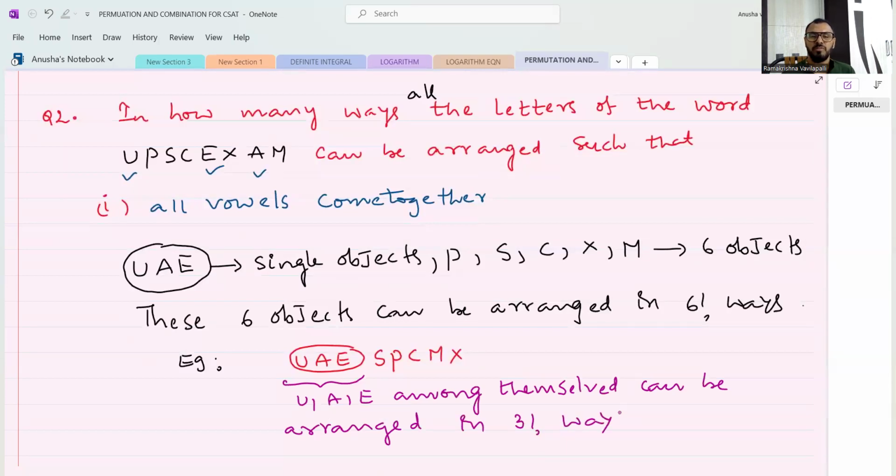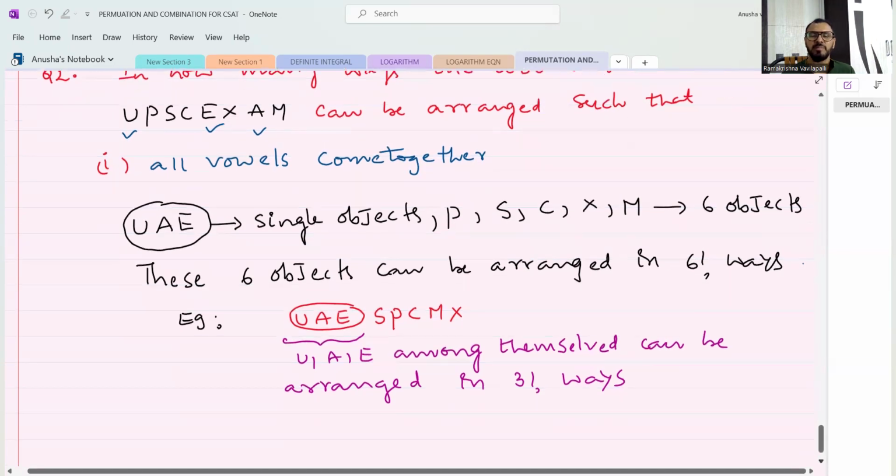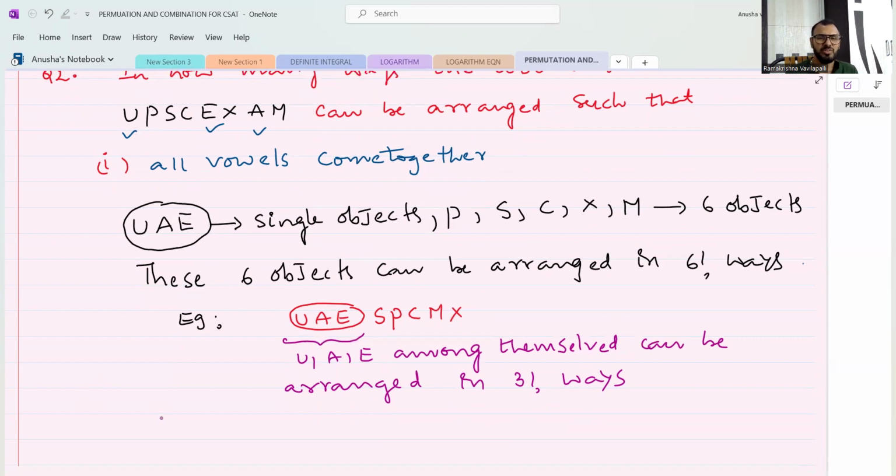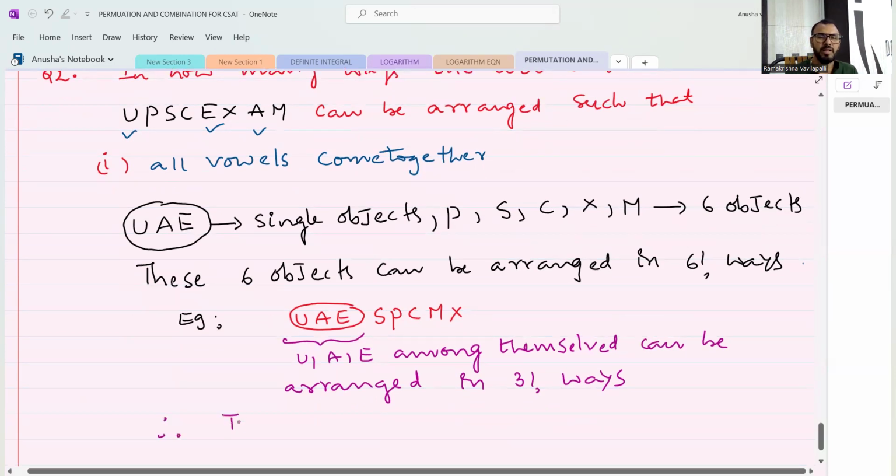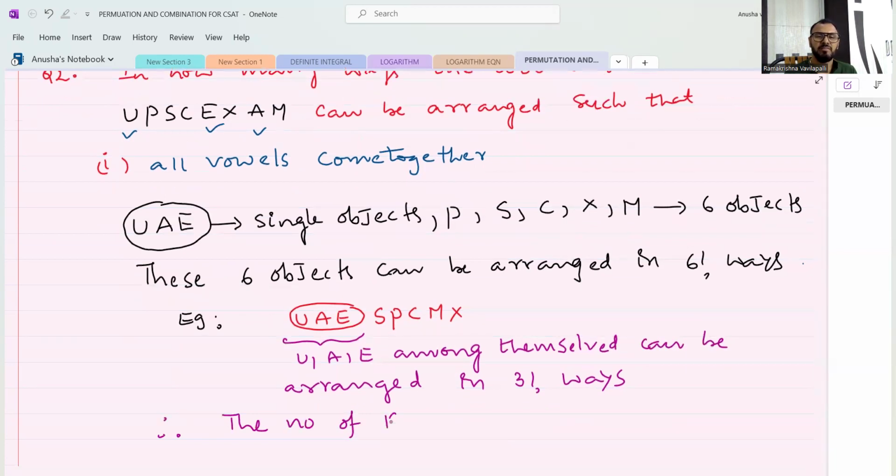Out of n objects, when you are taking all the objects, the number of arrangements is n factorial. So job 1 is arrangement of six objects. Job 2 is arrangement among the UAE, internal arrangement. So therefore, the number of required ways is equal to 6 factorial times 3 factorial.